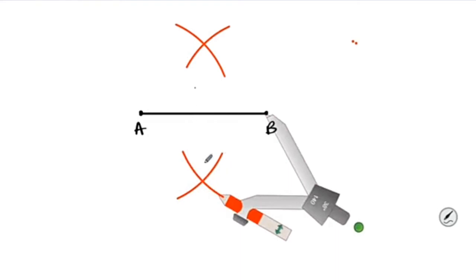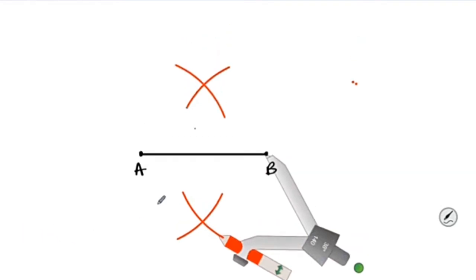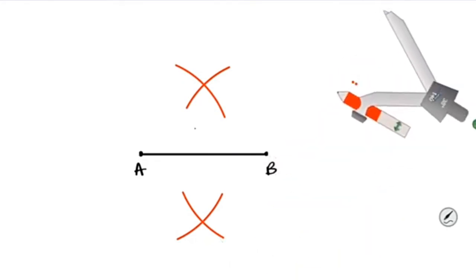So you have successfully done a very good job. You join both the points of intersection above line segment AB and beneath line segment AB. So joining, you have it like that.